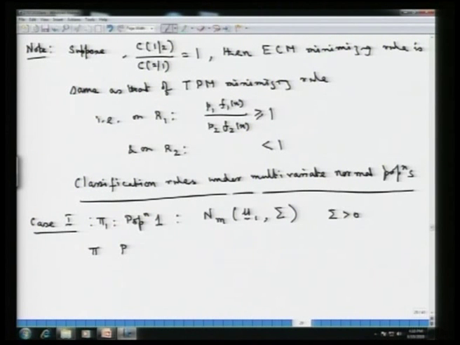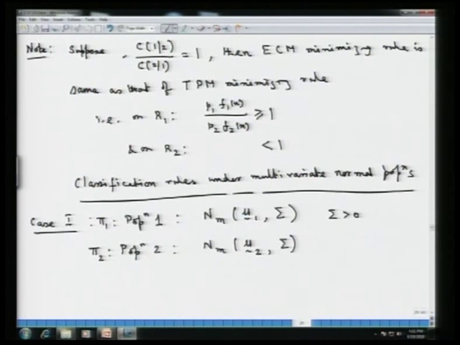The second population, which we had earlier denoted by pi 2, let us assume also has a multivariate normal distribution of m dimension, with mean equal to mu2 and a covariance matrix same as that of the first population. So, the difference between these two multivariate populations comes in their mean vectors: for population number 1 it is mu1, for population number 2 it is mu2.